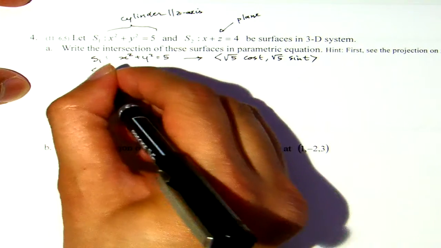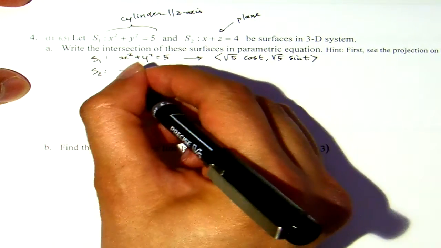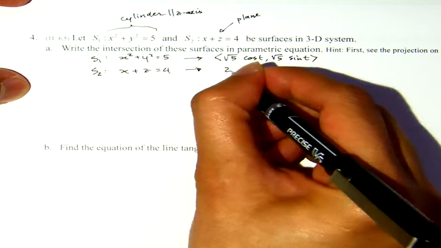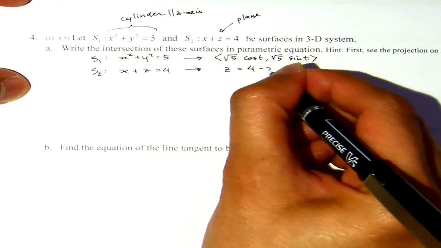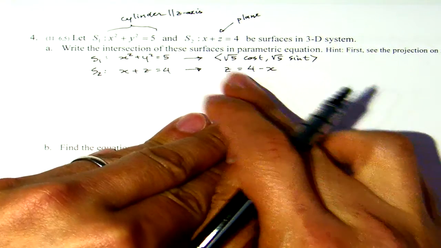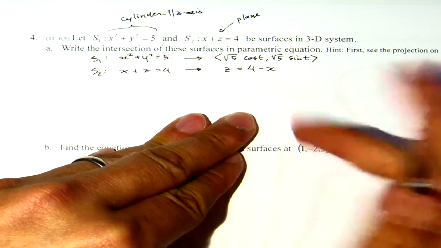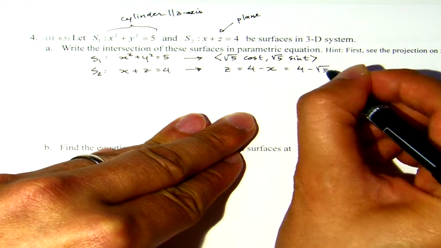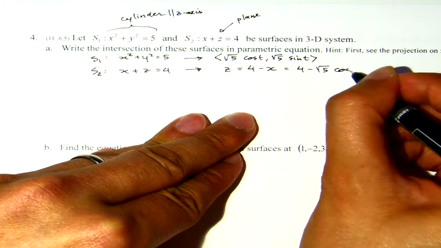Now together with the second surface, x plus z equals 4, that implies that z equals 4 minus x, which from the parameterization we have of that first surface, I will call 4 minus square root of 5 cosine t.